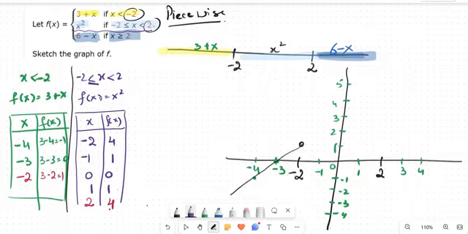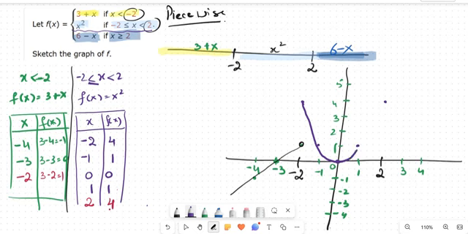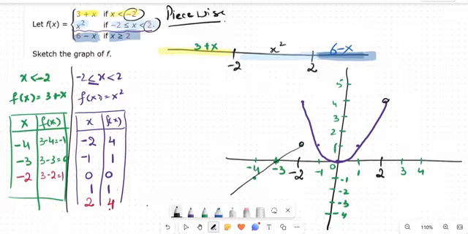Okay, so let's plot these points on your graph. -2, 4, so that's the point. -1, 1; 0, 0; 1, 1. For 2 it is 4. Okay, so that looks like a parabola. We know x square is a parabola passing through these points, but pay attention, this point is not included.